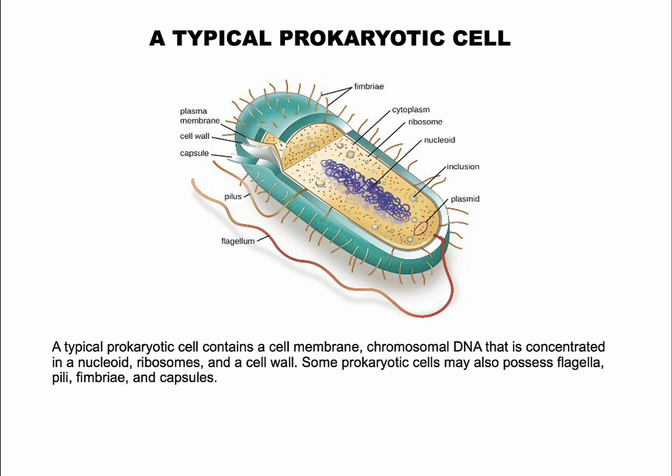Inside a cell, various structures operate similarly to organs in the human body, each tailored to fulfill specific functions. While some structures in prokaryotic cells are comparable to those in eukaryotic cells, others are unique to prokaryotes.